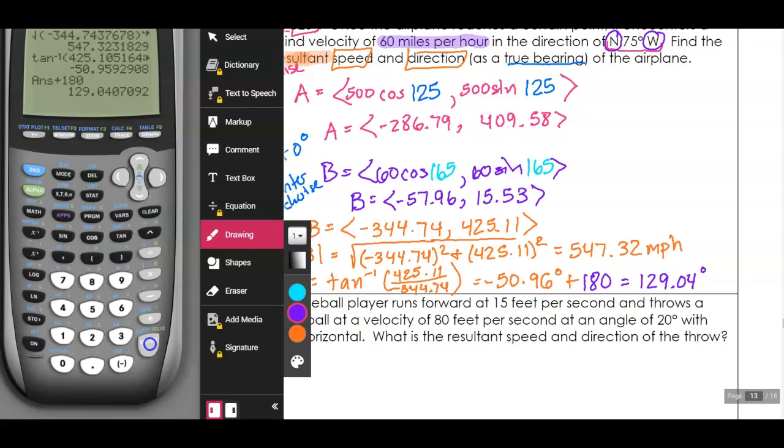True bearing, yes. This is a direction angle, meaning if I were to graph it really quickly, this angle is 129.04 degrees. How do I get the true bearing, which starts at the north line and goes around to here?